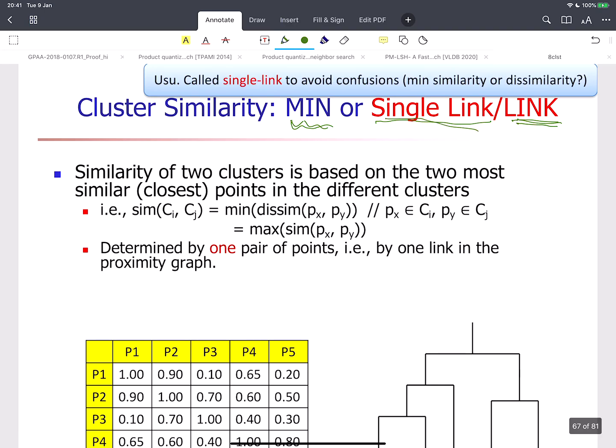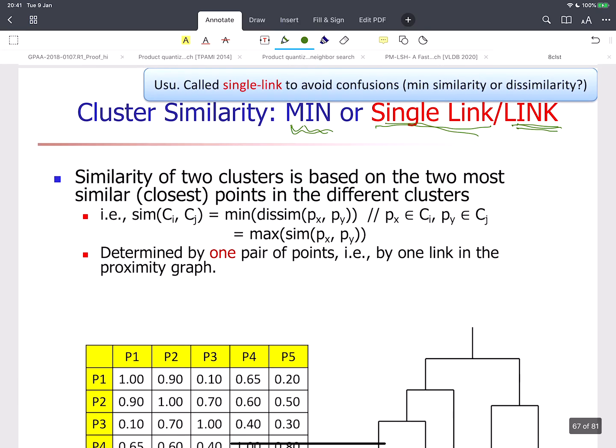We'll talk about the naming later. The reason is that min and max are pretty hard to remember. The single link and the next one, called complete link, use the characteristic or the nature of the algorithm to name it, so it's easy to understand, and there is no confusion.